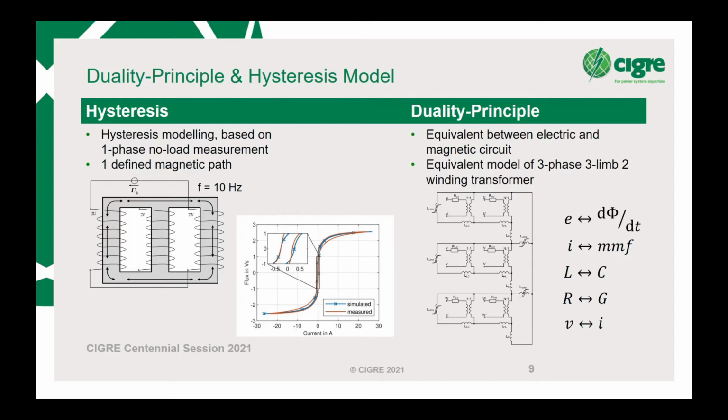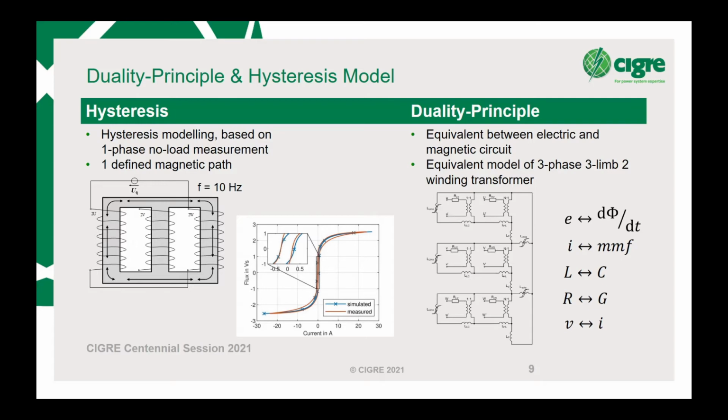And for the hysteresis model, we use a 1-phase measurement setup, as depicted here on the left side of the slide. The outer 2 windings are connected to a power source. We use a low frequency. This enables us to also perform these measurements on site when the transformer, for example, is already installed in a substation. And the 1-phase measurement setup is selected to have a defined magnetic path.